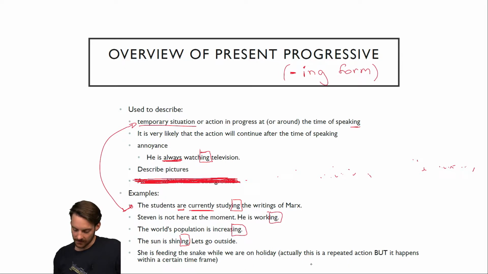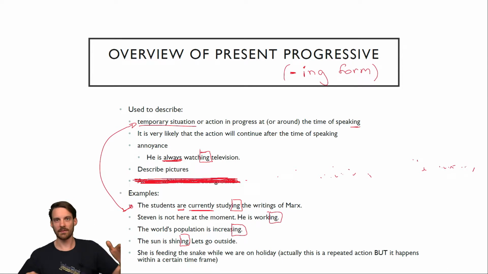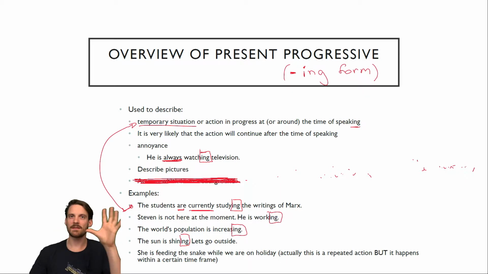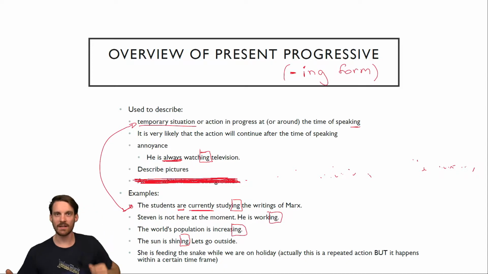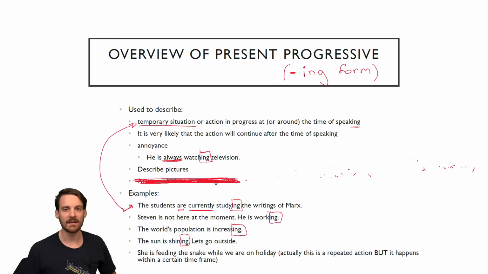In this case, it is a repeated action somehow, the feeding, since I think the cat needs feeding more often than just one time. But it happens within that certain time frame. So it's something out of the ordinary, nothing that is regular actually. There is a limited time, of course.